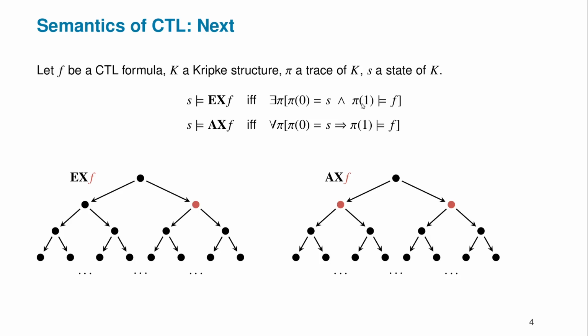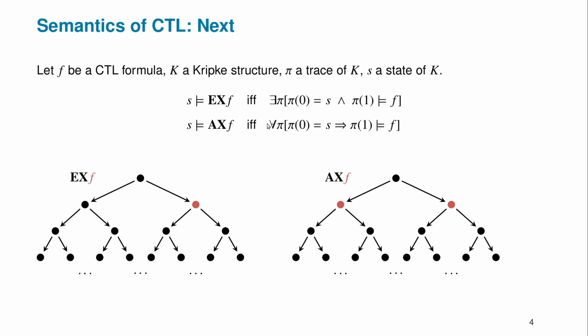So recall, by pi and then as argument an integer, we can access the state of the respective transitions. So in contrast to LTL, we do not have a path on the left-hand side of the entailment symbol, but we have a state, and therefore we also need to get a state here.